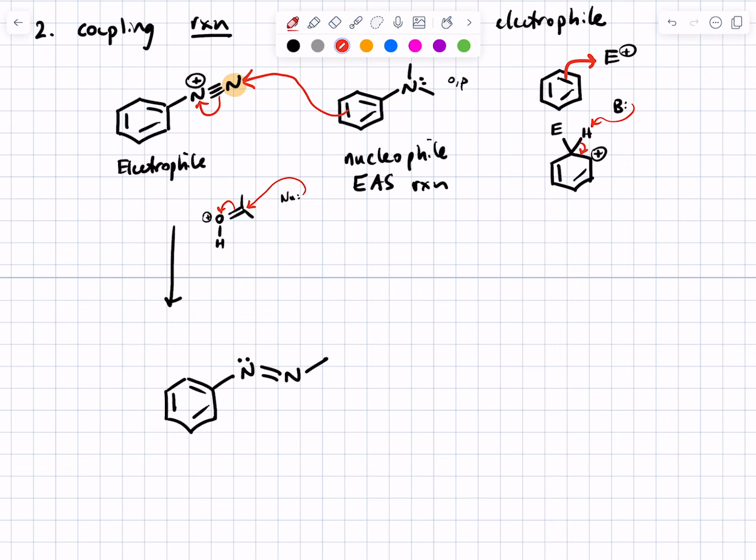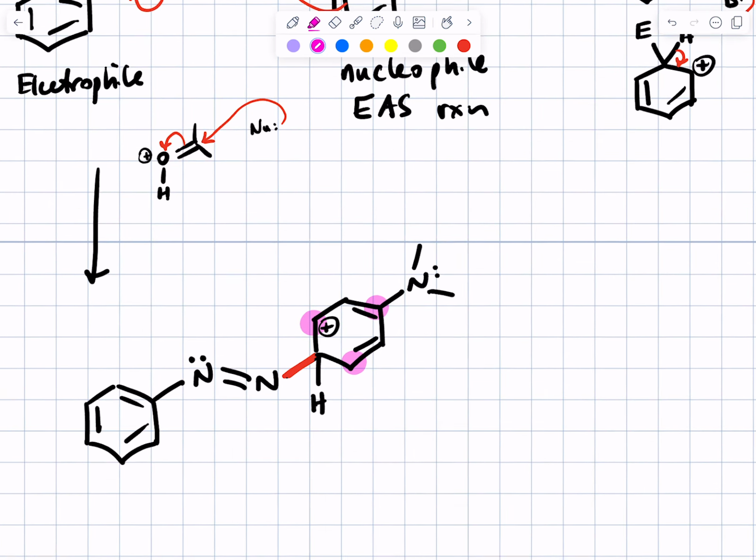Here is the new bond we just made with the orange nitrogen. Here is the benzene ring. Here's the positive charge, and then here's that aniline electron donating group. Hopefully you can see how that positive charge could be on, by resonance, the pink carbons.